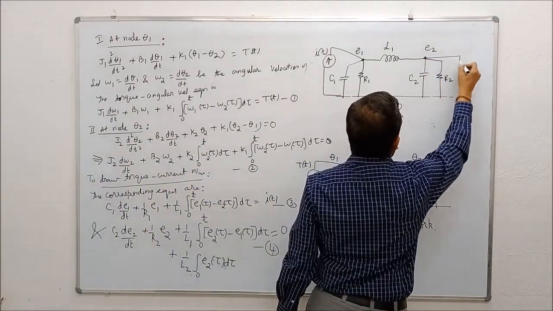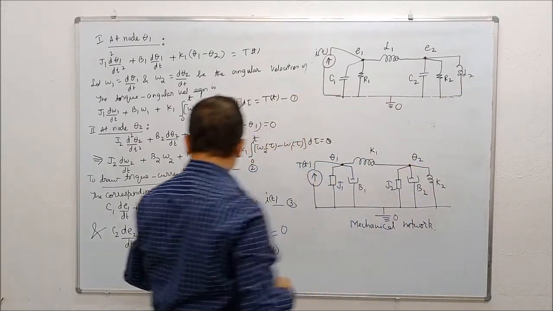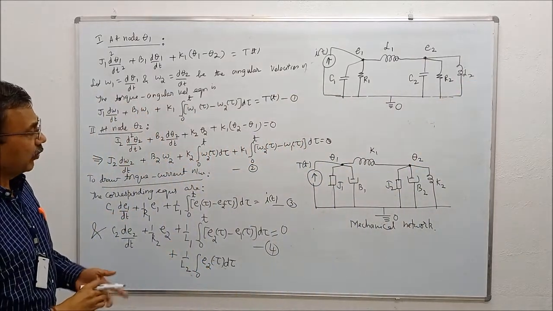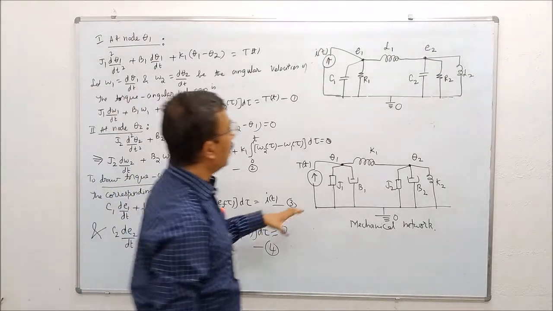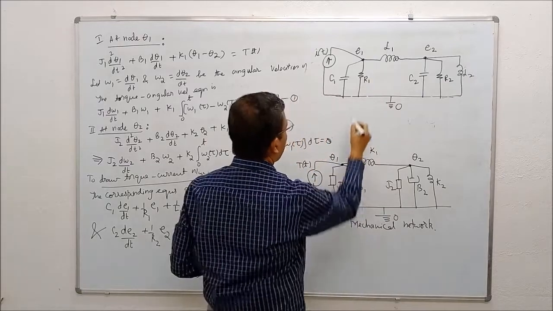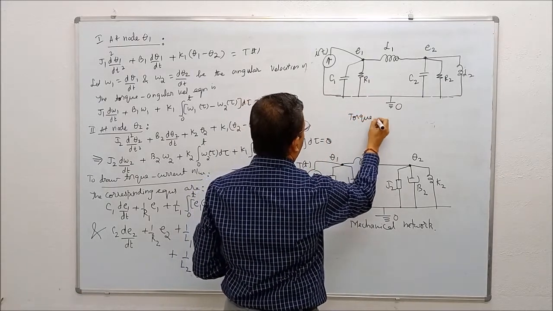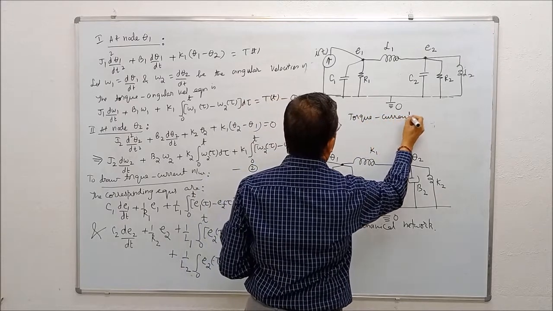So L2 is inserted between E2 and ground. L1 is already written. It is very important that the structure of the force current network and the mechanical network must be identical. This is the torque current network.